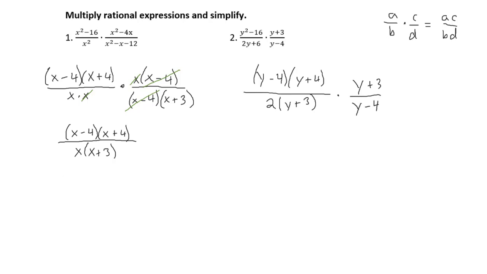Nothing we can do to factor those because they're already in simplified form. So y minus 4 cancels, y plus 3 cancels, and now we're left with y plus 4 over 2. Now don't cancel this because on top is addition, not factors. All right, so that is simplified.